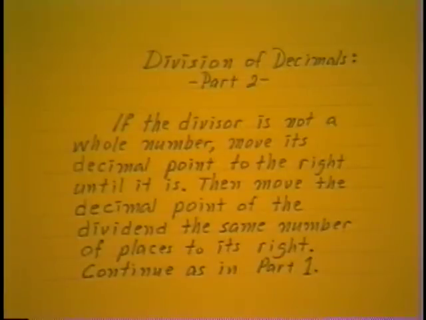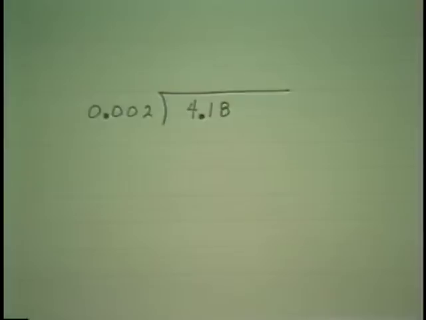Once again for our notes and memory: if the divisor is not a whole number, move its decimal point to the right until it is a whole number. Then move the decimal point of the dividend the same number of places to its right. Then continue as you have in the past.